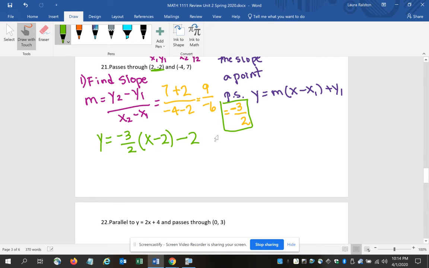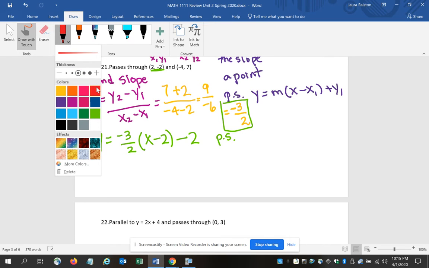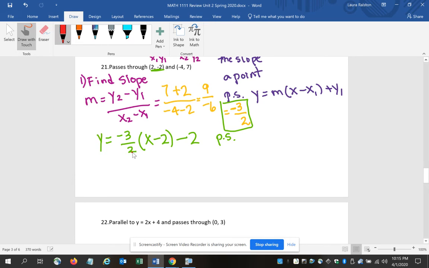That is the point slope. I then need to find slope intercept. So I'm going to distribute: y equals negative 3/2 x, negative 3/2 times negative 2.